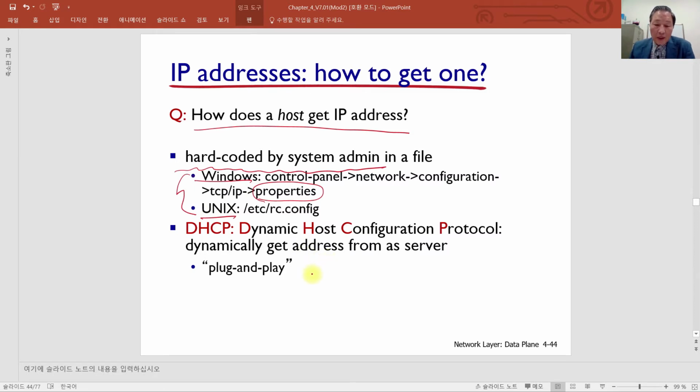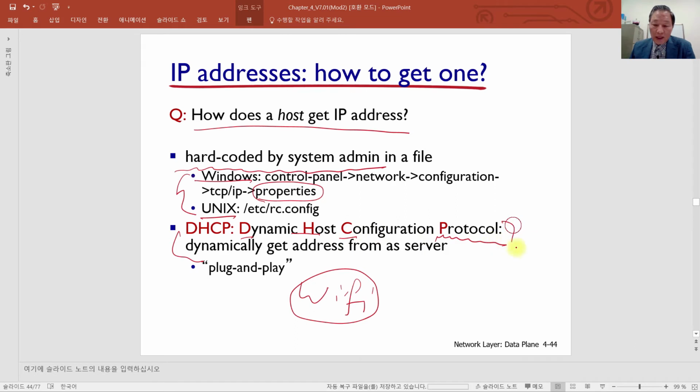Or sometimes with our notebook, on some Wi-Fi network, we don't need to assign any IP address if we are using this DHCP protocol, and we will learn this protocol later in detail. This full name is Dynamic Host Configuration Protocol.